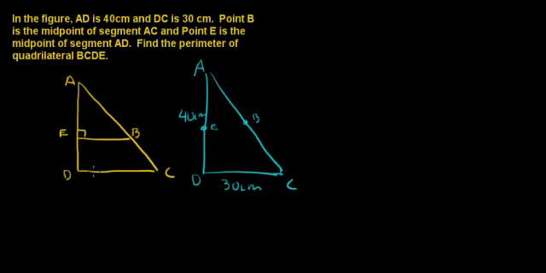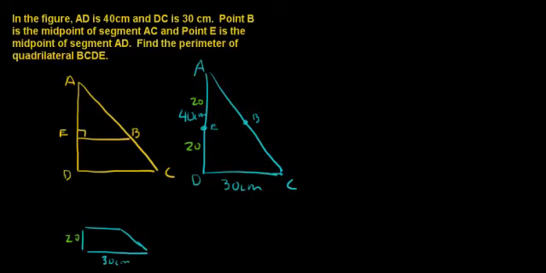We're looking for the perimeter of this figure, roughly. And right now all we have is 30 centimeters, and we know we have the 20 centimeters because half of 40 is going to be 20 and 20. So we've got two of the sides we need.